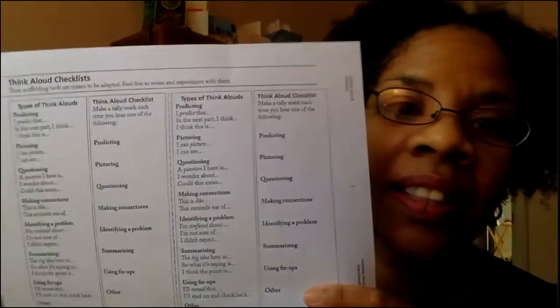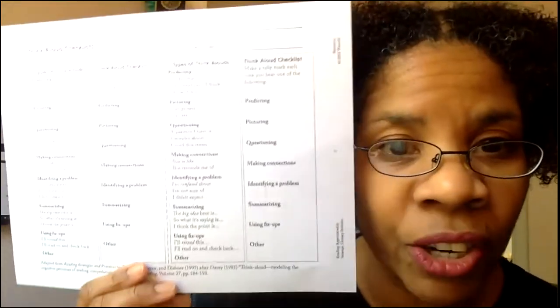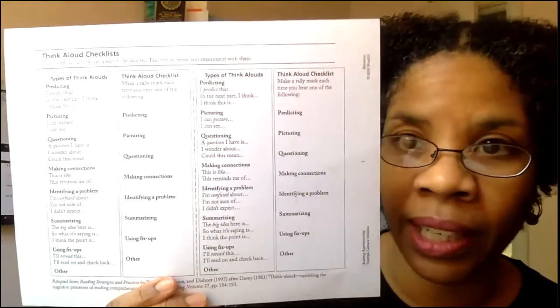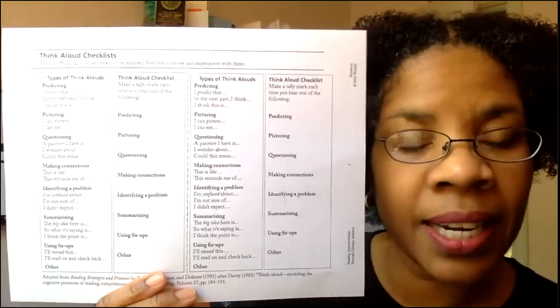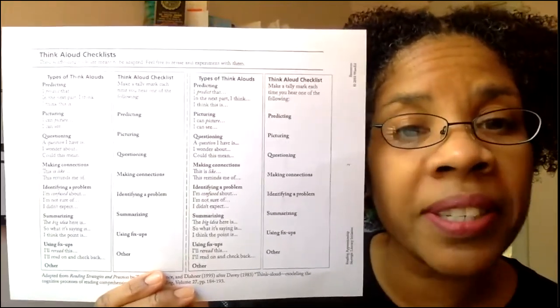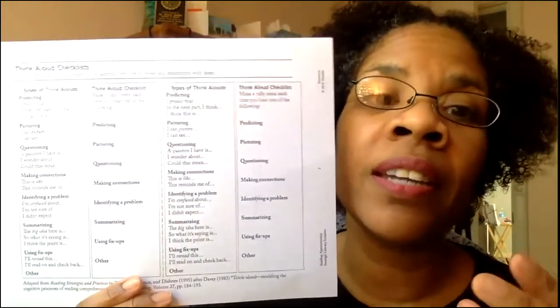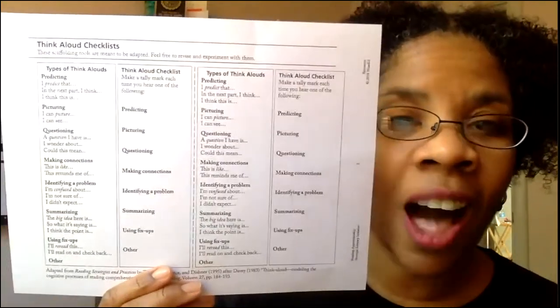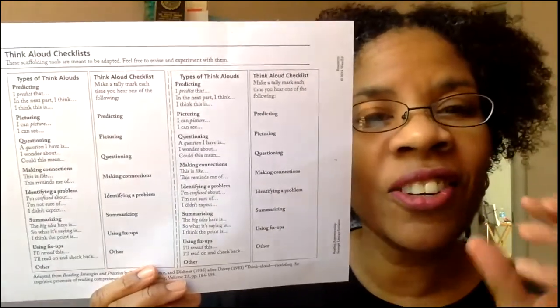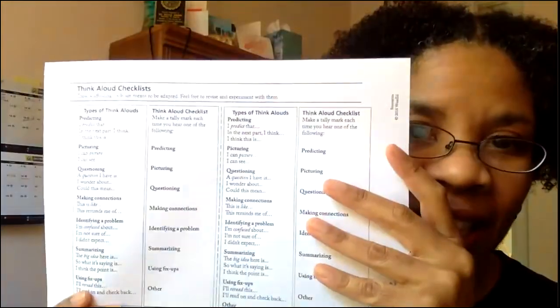Well, I'm going to use my Think Aloud checklist. This is in your annotating assignment, and this is also some comments that I left for some folks. I've even given you a digital copy of this in your comments for your annotating assignment. So let's look, right?